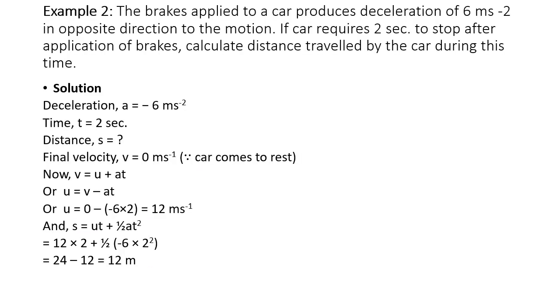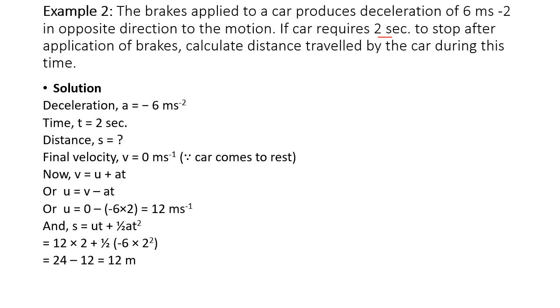The brakes applied to a car produce deceleration of 6 meter per second squared in opposite direction to the motion. If the car requires 2 seconds to stop after application of brakes, calculate the distance traveled by the car during this time.